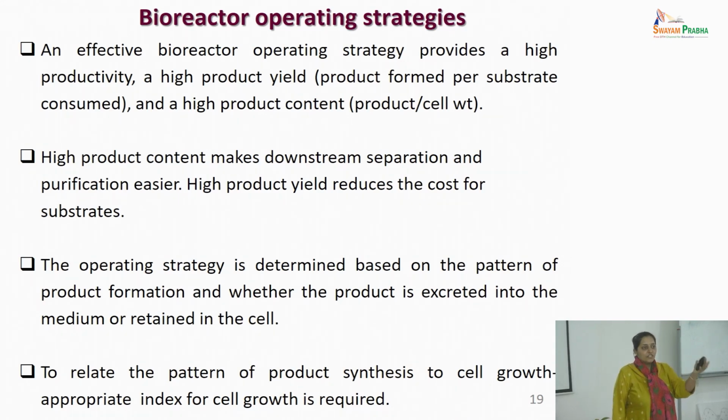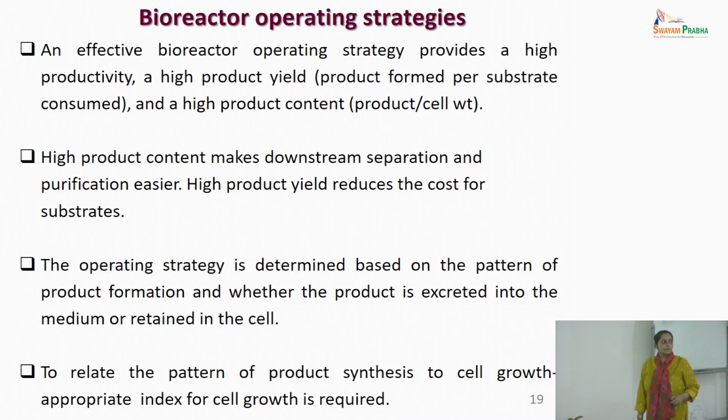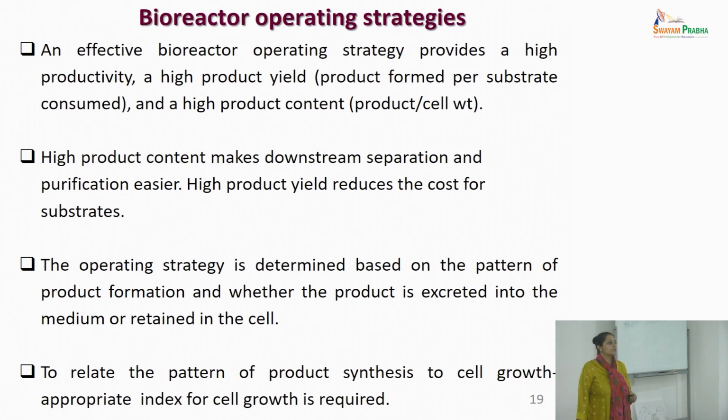Product yield I have been mentioning in plant cell technology as YP/X, the amount of product produced per unit biomass produced. This is the terminology used in industry. Product yield is product formed per unit substrate consumed, and high product content is the amount of product produced per unit biomass.